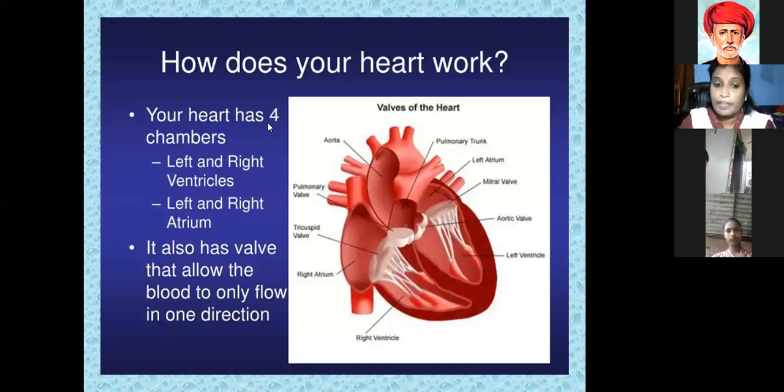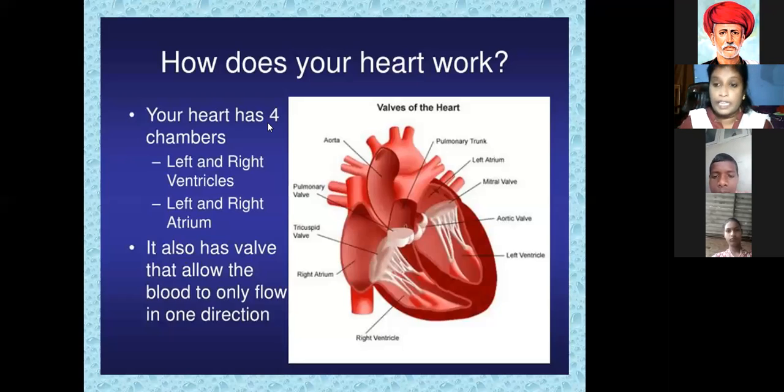Next, the valves help to allow the blood to flow in only one direction. This is the working of the heart. I will give some explanation in upcoming slides. Are you able to understand this slide? Shall I move to the next slide? Yes, madam.